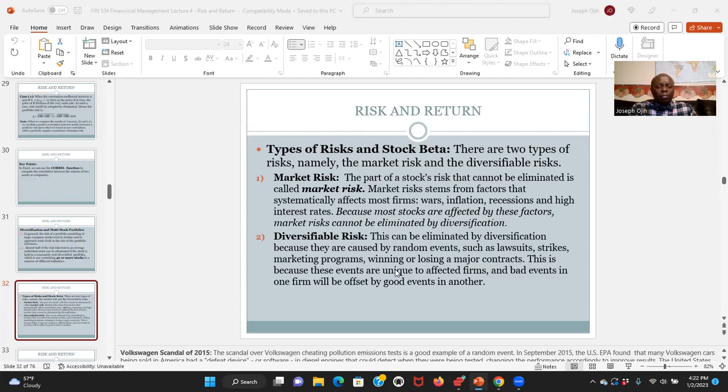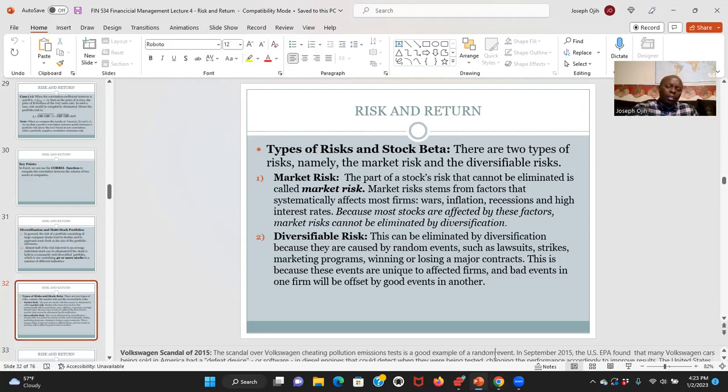In 2015, we had what we call the Volkswagen emission scandal. What they were saying at that time was that Volkswagen was cheating on their emissions. The scandal over Volkswagen cheating pollution emission tests is a good example of a random event that affected one company, Volkswagen.